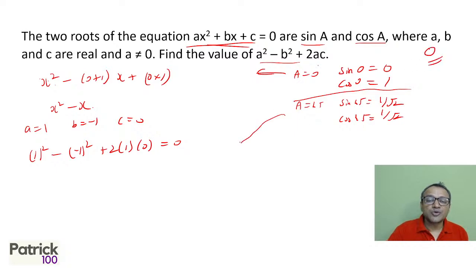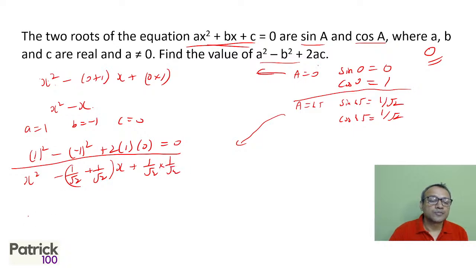You can also substitute differently. Suppose the roots are 1 upon root 2 and 1 upon root 2. The equation is x squared minus (1 upon root 2 plus 1 upon root 2), the sum of roots, times x, plus 1 upon root 2 into 1 upon root 2. Solving this, adding 1 upon root 2 and 1 upon root 2 gives root 2, and the product becomes half. So a becomes 1, b becomes minus root 2, and c becomes half.